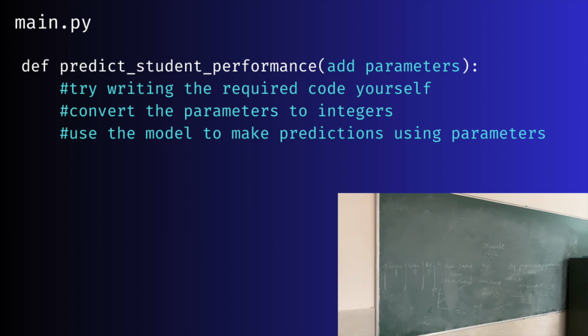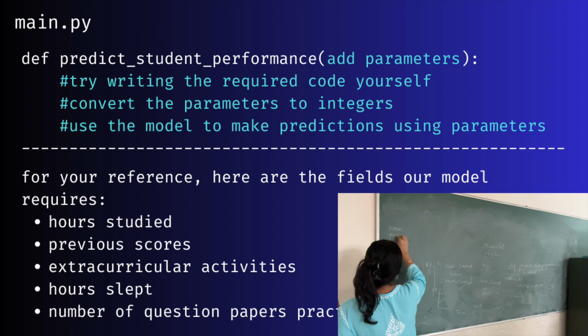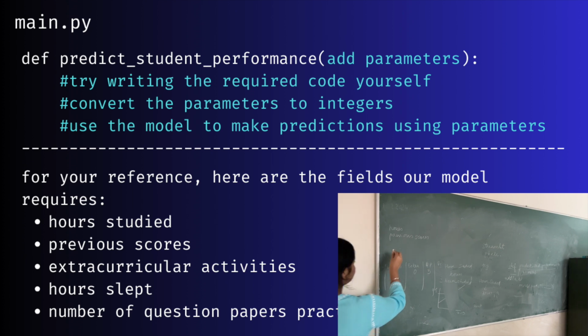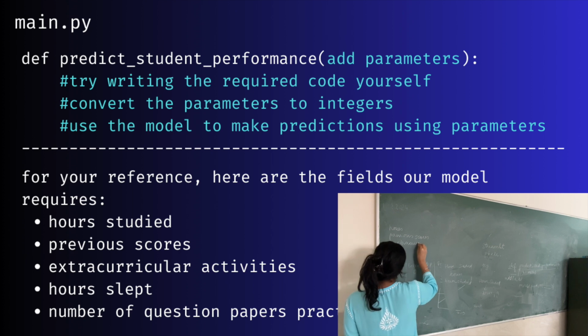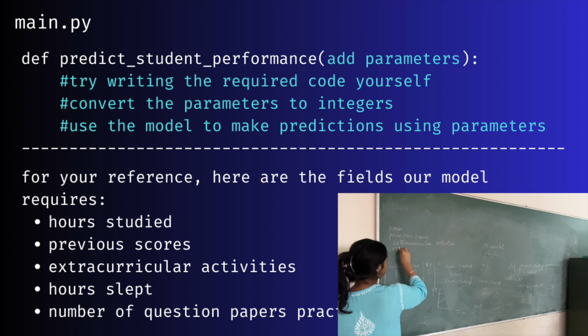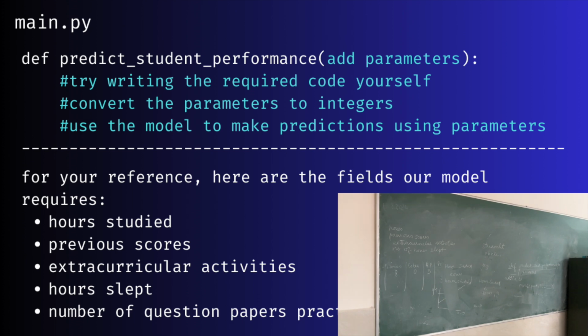So we had hours, we had previous scores, we had extracurricular activities, we had number of hours the person sleeps, and we had question papers practiced.